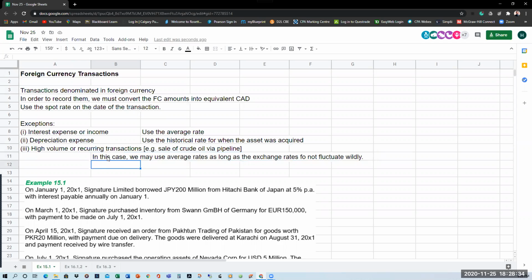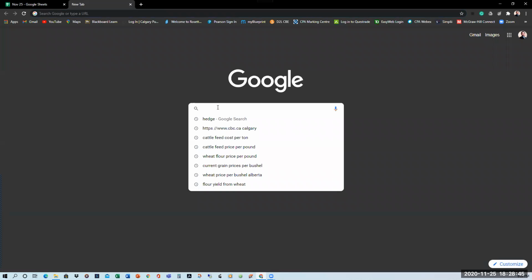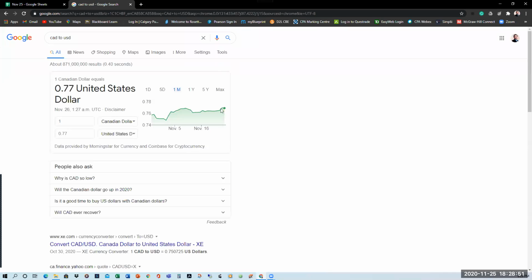The Canadian dollar vis-a-vis the US dollar, if you look at its history, every day the exchange rates change. If we look at the graph here, over a 5-year period, you can see the rate has fluctuated considerably, right?